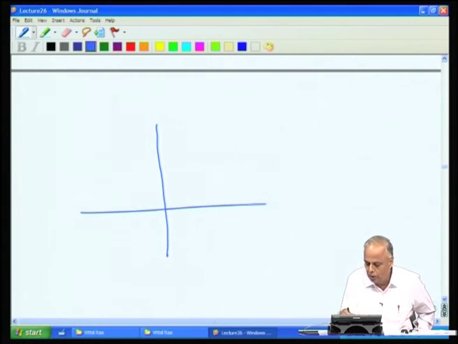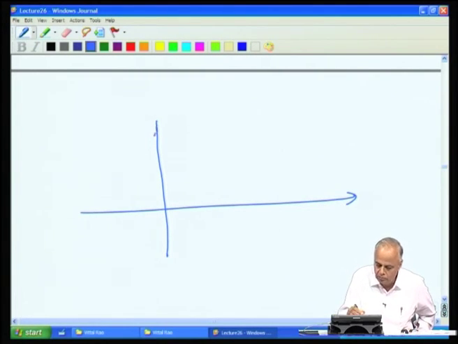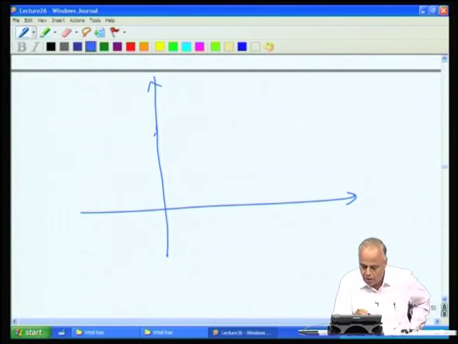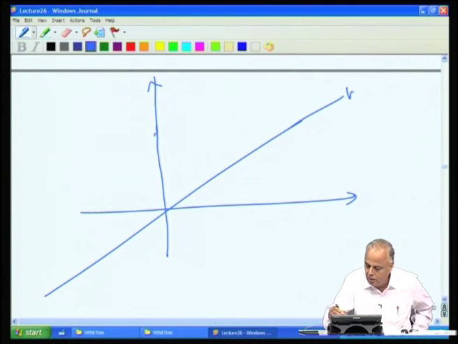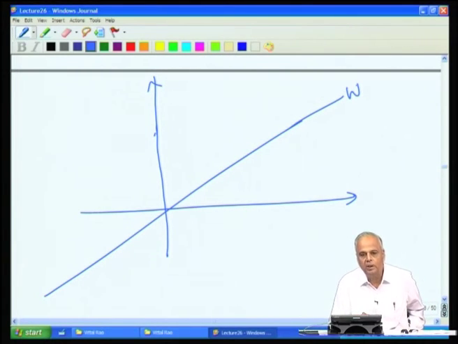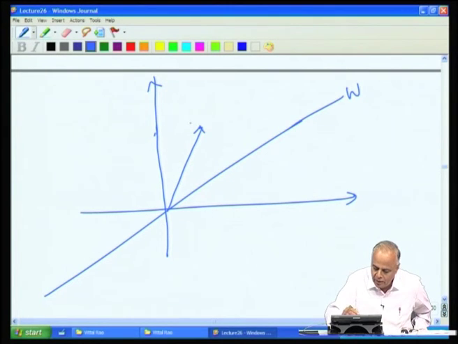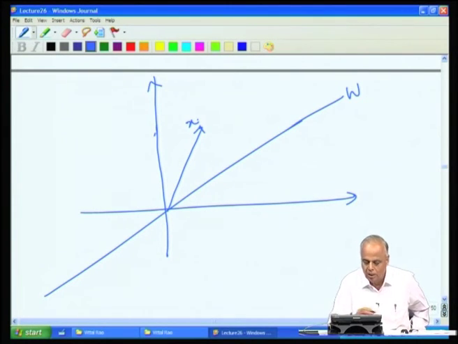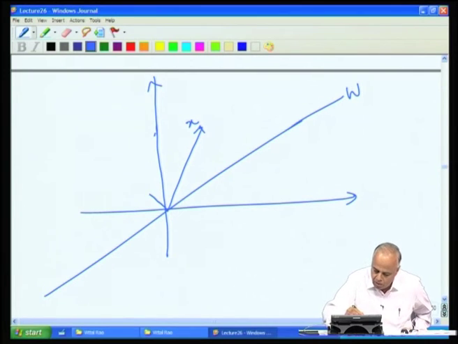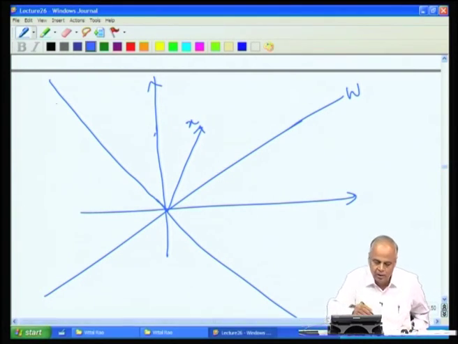You can visualize this as follows. Suppose we look at 2 dimensions and we have a subspace in 2 dimensions as a line through the origin, and then you take any vector x. What is the orthogonal complement of W? It is that perpendicular line. So, that is W perp. Now, take any vector x.